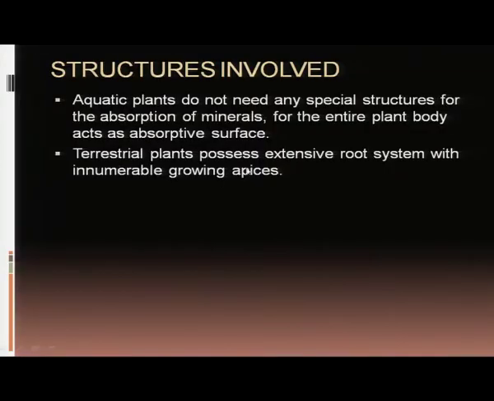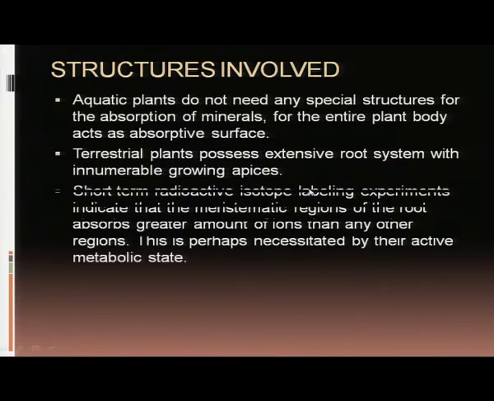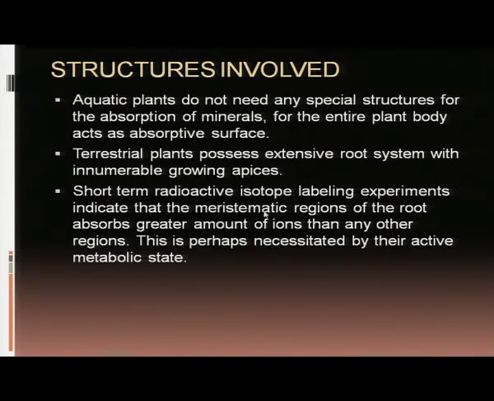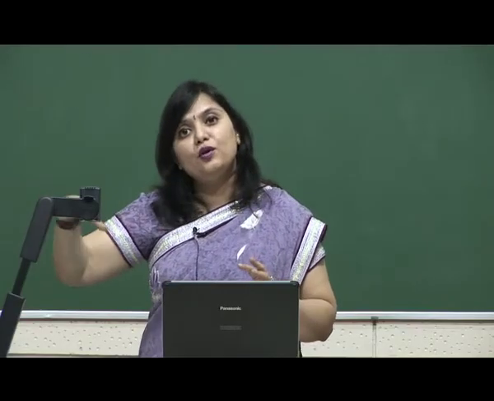As I said, terrestrial plants possess extensive root systems with innumerable growing apices. Short-term radioactive isotope labeling experiments indicate that meristematic regions of the roots absorb a greater amount of ions than any other region. So, even inside the root, not all the portions perform active absorption at the same pace.